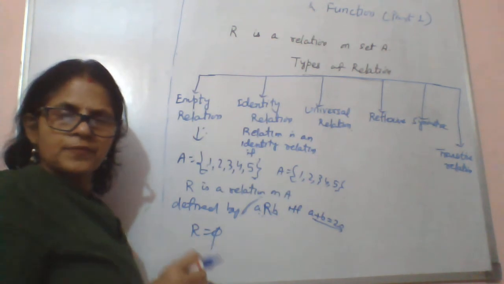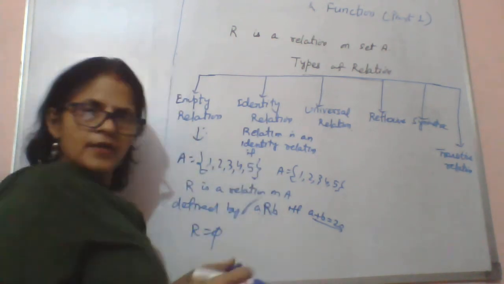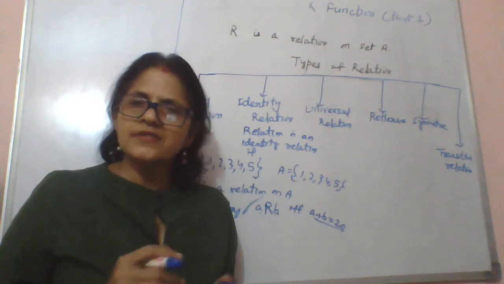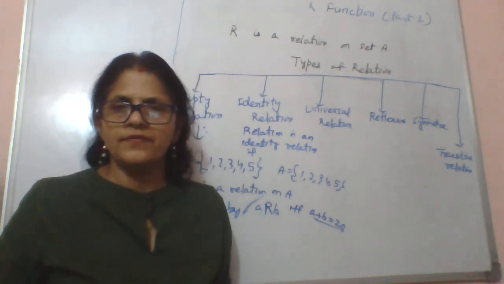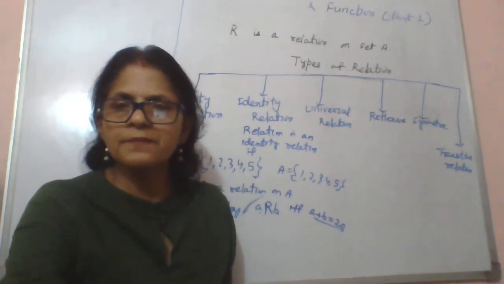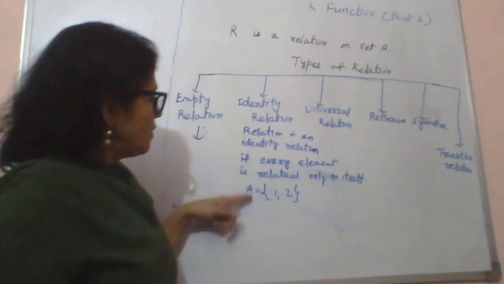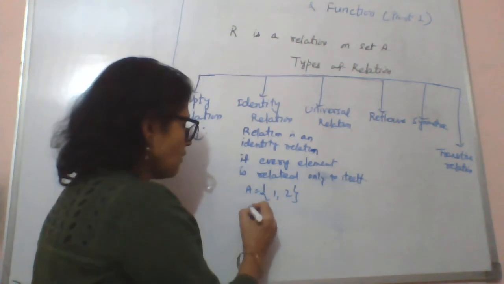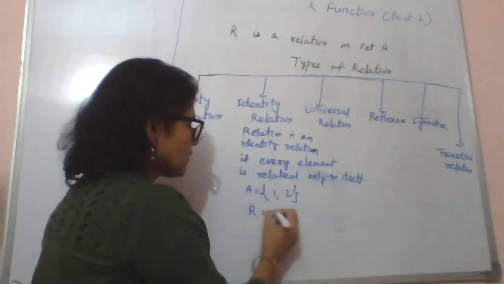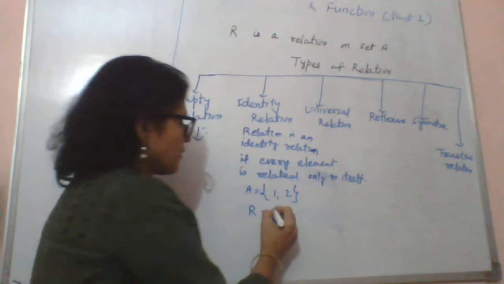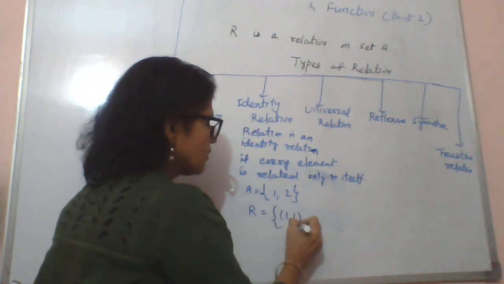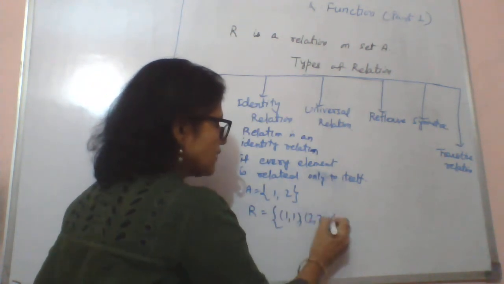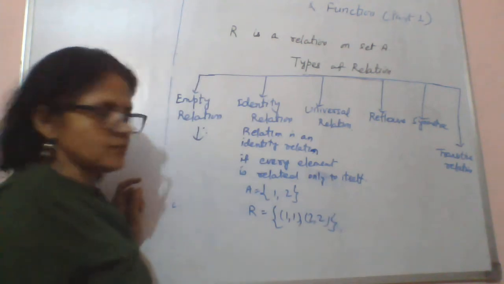For example, A = {1, 2}. If I write here R, this relation on set A, if it is (1, 1), (2, 2), this can be taken as identity relation.